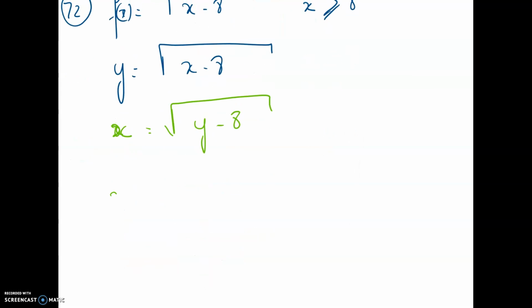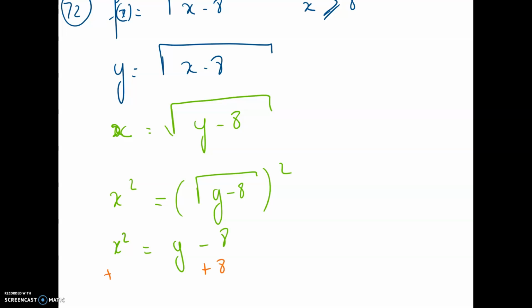Therefore, I will have to square: x equal the square root of y minus 8. And obviously, it's going to be x squared equal y minus 8. Now I can isolate my y, which will be expressing the inverse of my function, by adding 8 both sides.